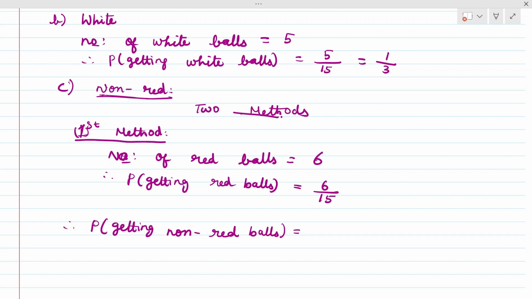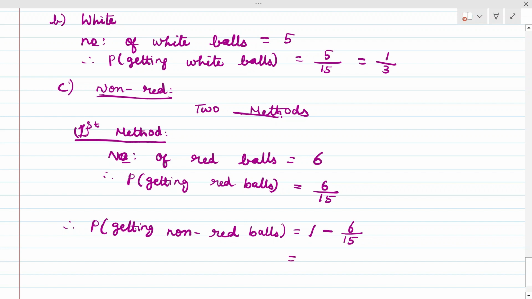When you add up everything, the final probability you get is 1 only. If you add the probability of getting white balls, green balls and red balls, it will be equivalent to 1. So the total probability is 1, minus 6 by 15.